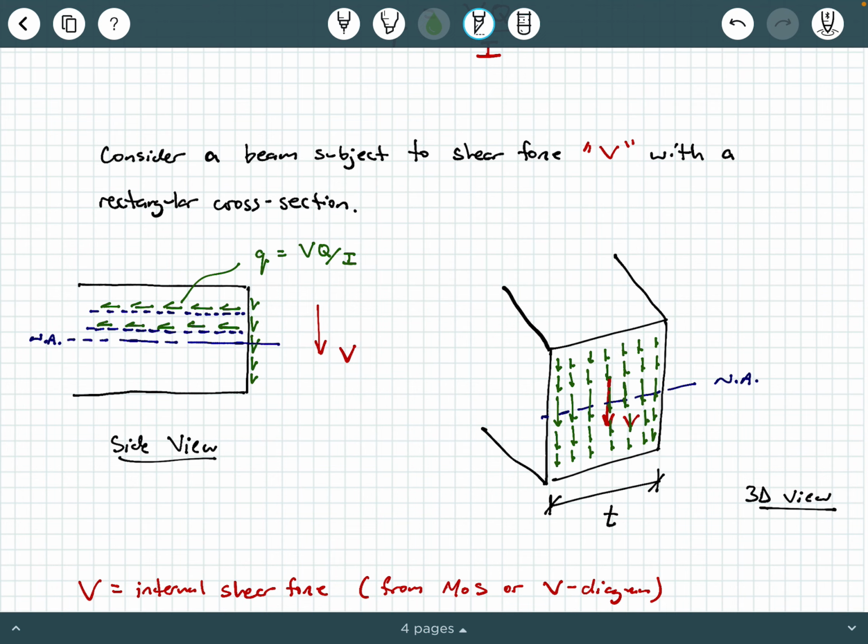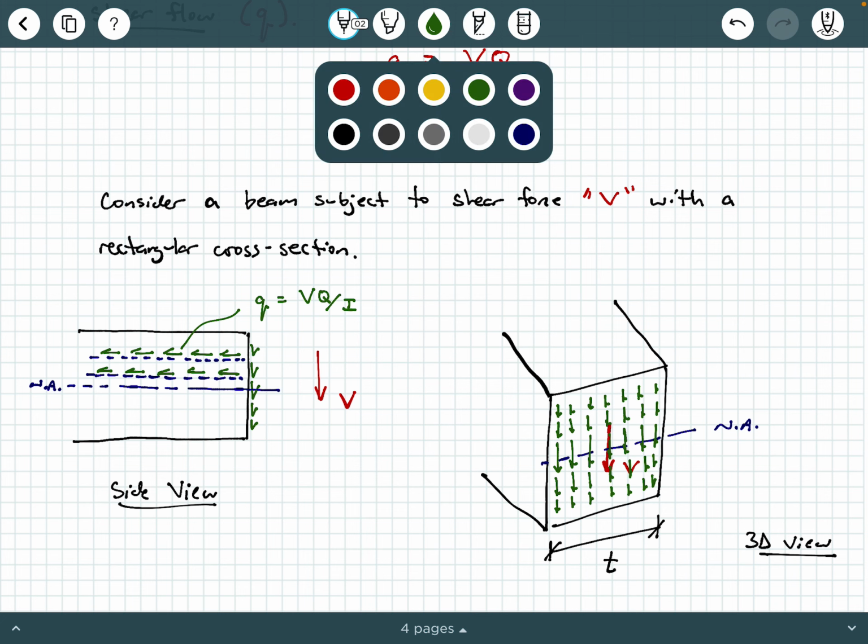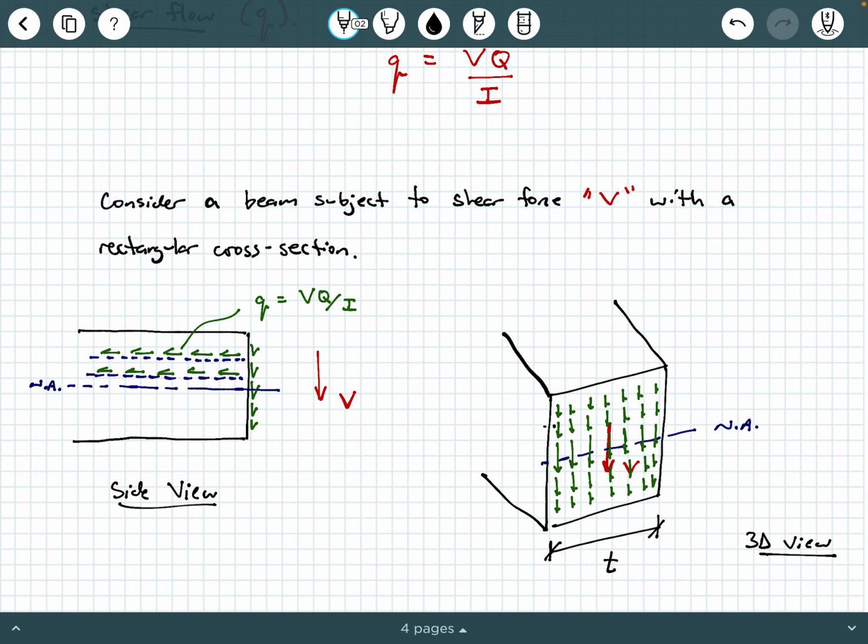So let's think about this from a 3D perspective, okay? Here's what I'm going to do. I'm going to take a little bitty 3D element from somewhere on the edge of this cross-section of a beam. Let's take a look at this little spot right here and zoom in.